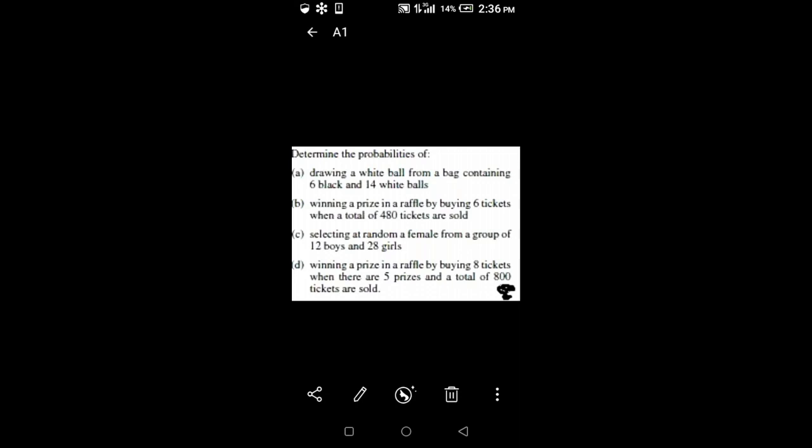B, determine the probability of winning a prize in a raffle by buying 6 tickets when a total of 480 tickets are sold. So this is the first assignment. Then the second assignment is this. The probabilities of an engine failing are given by P1 fail due to overheating.